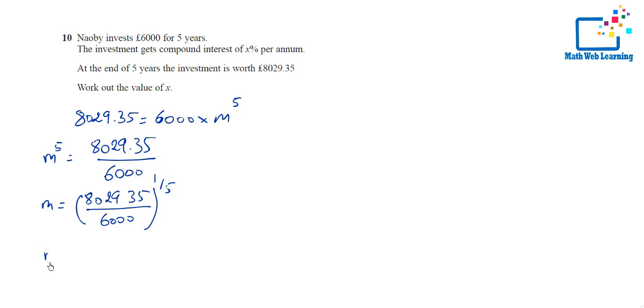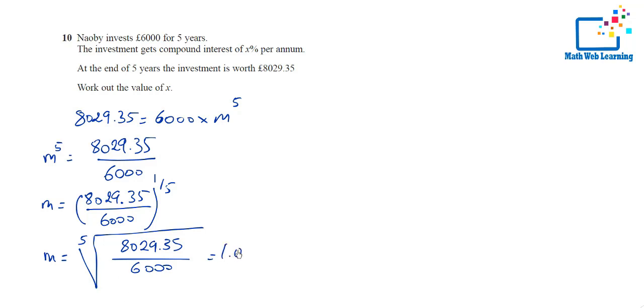If you know how to use the fifth root on your calculator, it will be quicker. Once you've done that, you get the answer 1.059 recurring. Leave it like this, don't round it, we're going to round it at the end.